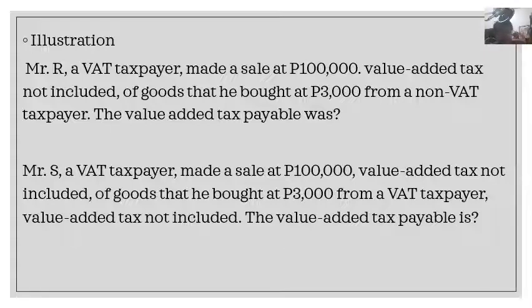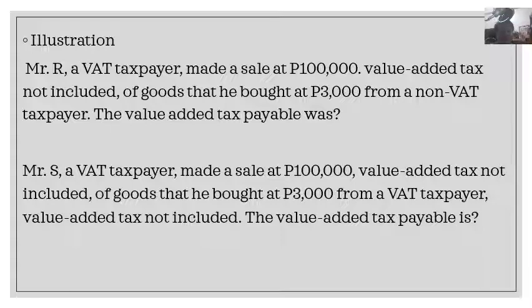Mr. S, a VAT taxpayer, made a sale at 100,000. The value-added tax is not included. Of goods he bought 3,000 from a VAT taxpayer. Value-added tax not included. What is the value-added tax payable? So, kung kanina, non-VAT yung binili niyang 3,000, ngayon, dito sa ating susunod na illustration, VAT taxpayer na ang binilhan niya.